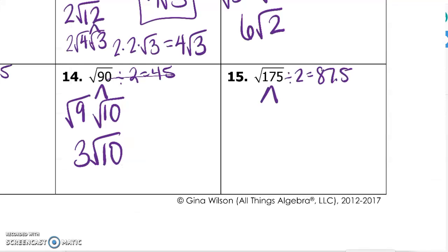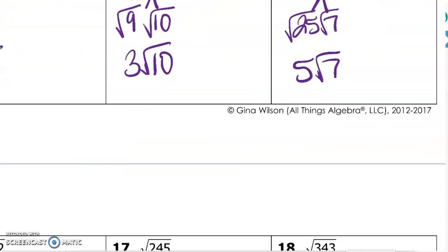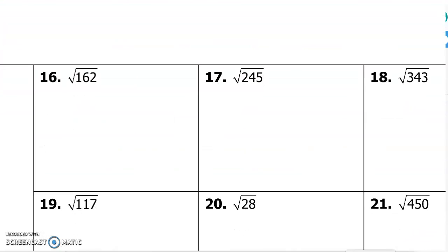So 175 is 25 times 7. Square root, 5 square root of 7. So once you find the perfect square that goes in, hopefully it's not too bad. It's just finding the biggest perfect square.